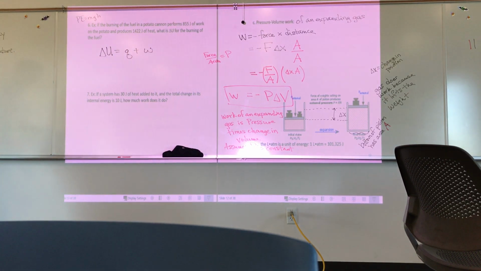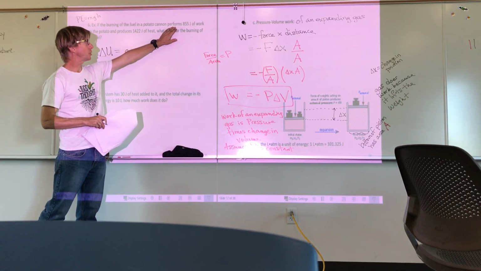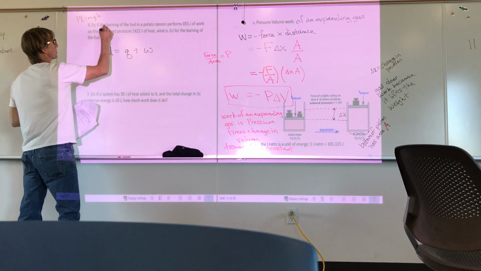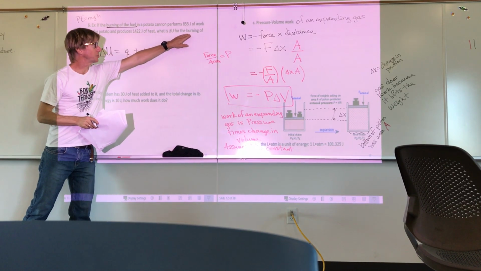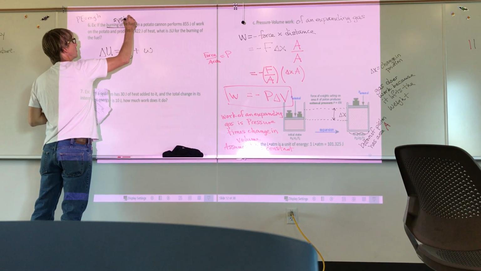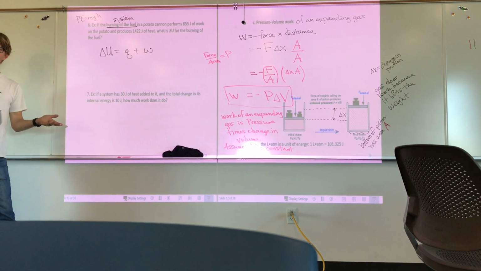And for this particular one, since we're calculating delta U, that's the change in internal energy. First off, what is delta U for the burning of the fuel? Burning of the fuel is our system. Is burning a reaction that we're familiar with?